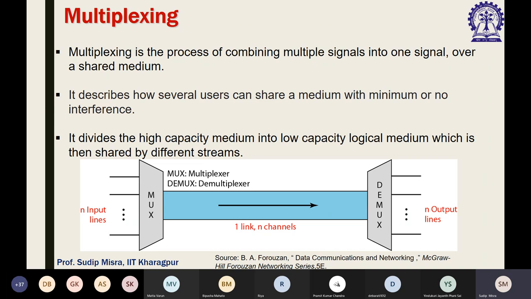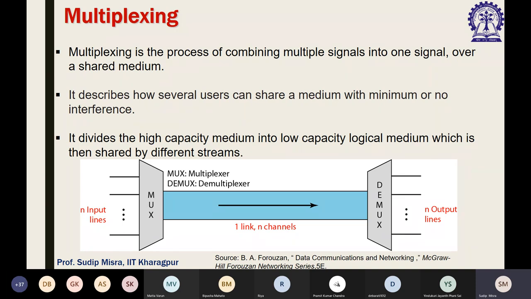So we have a single medium, which is shared by multiple pairs of computers, and these pairs of computers want to use this common medium in a certain way, so that maximum data can be transmitted per unit time. That's the whole idea.